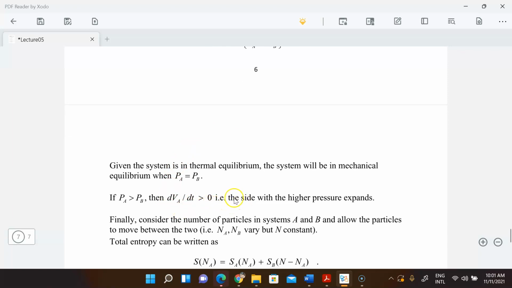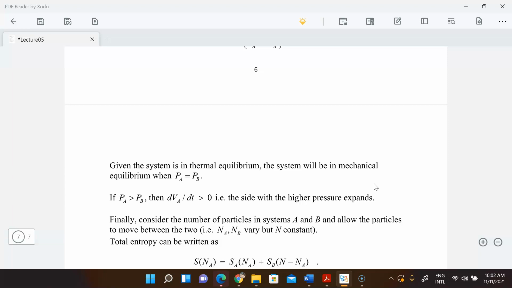In other words, the subsystem A, which has the higher pressure, will actually expand. So that is essentially a process going from a state which is not in equilibrium to the state of equilibrium.